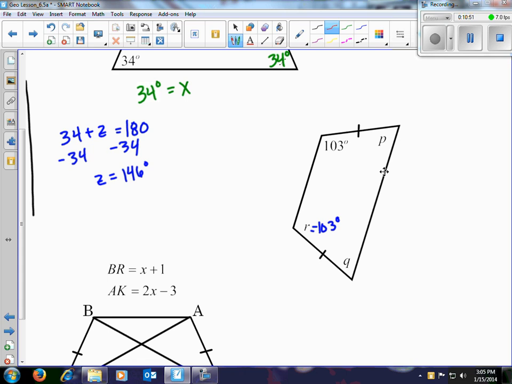So I can do 103 plus p is equal to 180 degrees. Then I minus 103 from both sides. So I get P is equal to 77 degrees. So then I know P is 77, which means that Q also has to be 77 degrees.